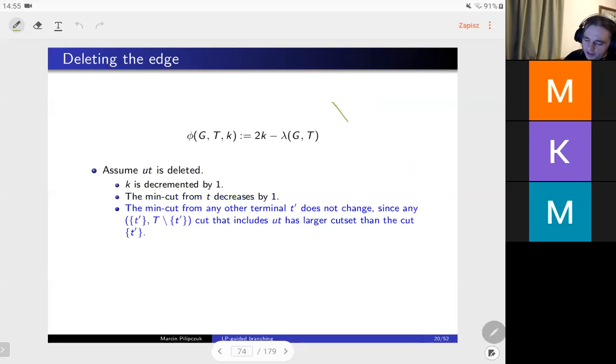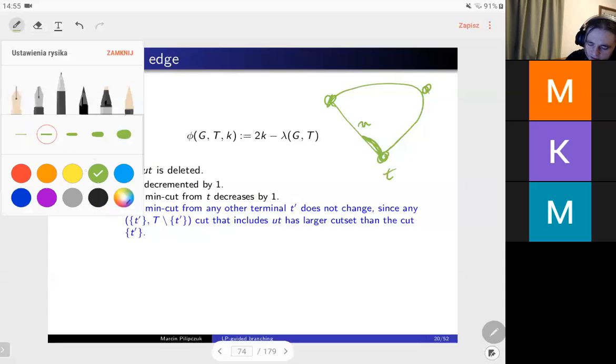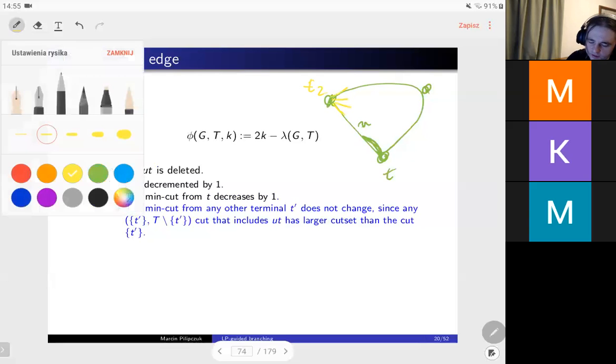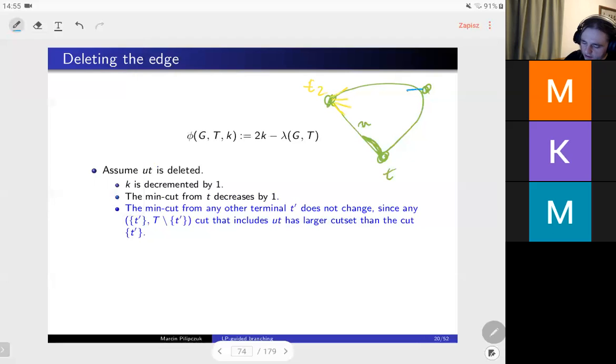Let's draw this picture again. So this is our instance. Say there are 3 terminals, and we delete one edge here to u. This is not an edge towards a terminal, which is an important property. Recall that this edge was the unique minimum cut between this terminal, say T2, and the other terminals, and these edges here were the unique minimum cut between T3 and the remaining graph.